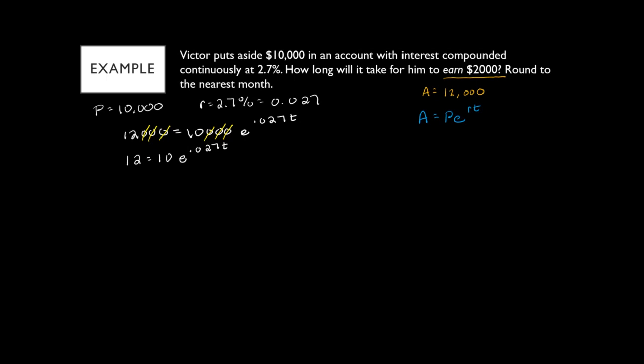So I'm going to divide both sides by 10 so that I can get the e part by itself. And so that gives us 1.2 equals e to the 0.027 t.